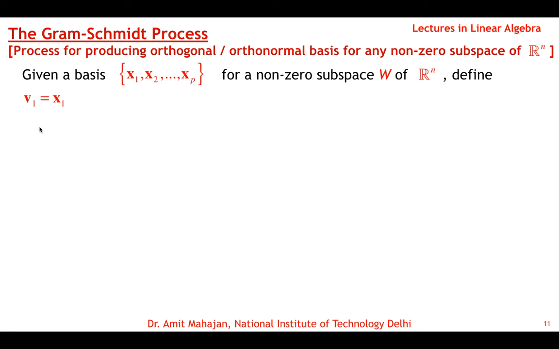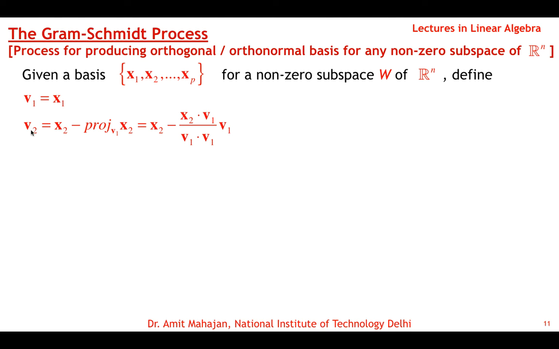Then we write the second vector v2 using the x2 vector as v2 equal to x2 minus the projection of x2 on the first calculated vector. We know that the projection of x2 on v1 is x2 dot v1 over v1 dot v1 times v1.